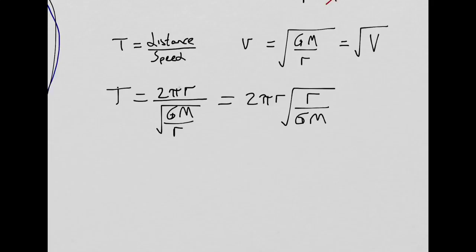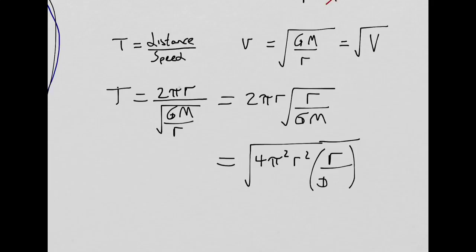Now it's a little bit better, but still a bit messy. What would help now is if we could take the 2 pi r in? So we do that by squaring everything and then moving it into the bracket. Again, it's a little math trick. So we can get the square root of 2 squared, which would be 4 pi squared r squared, times r over GM. Now, there's obviously some combination we can do there.